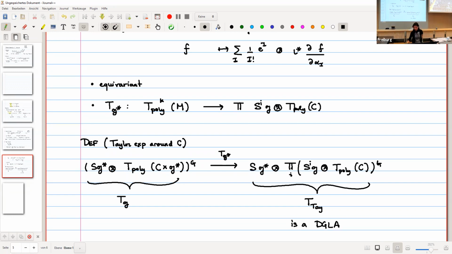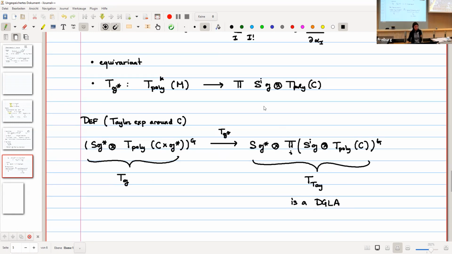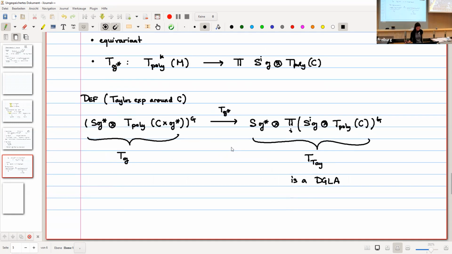Then it makes sense to ask what kind of morphism is this one I just wrote, the T G star. And we showed that this morphism is actually a DGLA morphism.